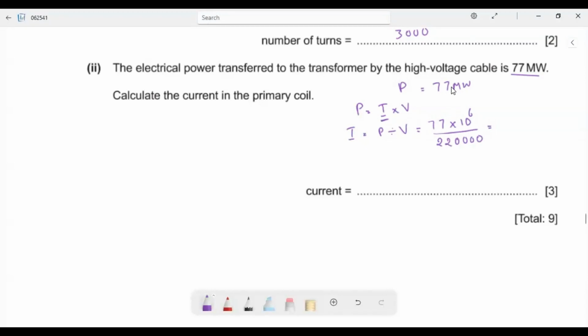So we can divide this and write it as 0.00035 into 10 raised to 6. So 10 raised to 6, we can multiply it by 3 points. So it is 350 amps. So the current in the primary coil is 350 amps.